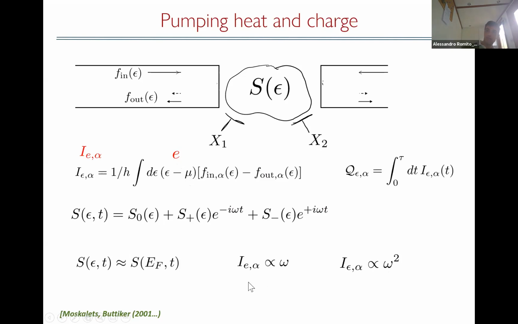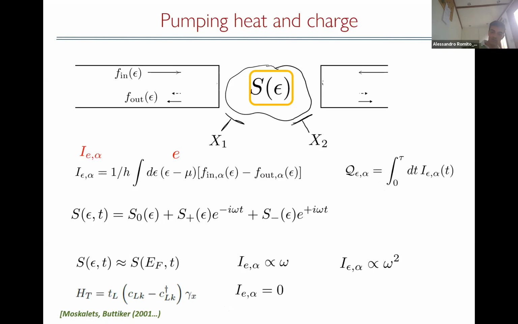This means that when you look at the total charge pumped over a cycle, you'll obtain a fixed term from the electric current, while you will obtain a vanishing term for the heat current when you send the frequency to be very small.